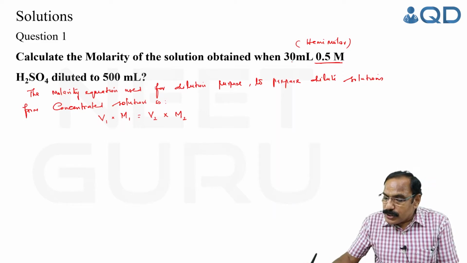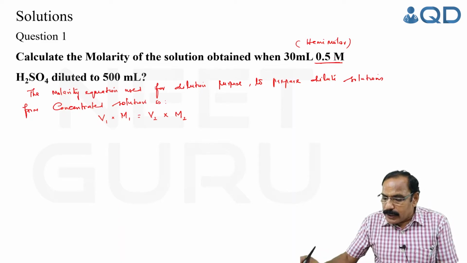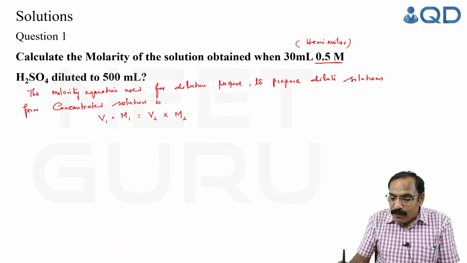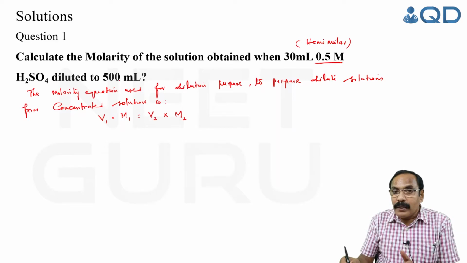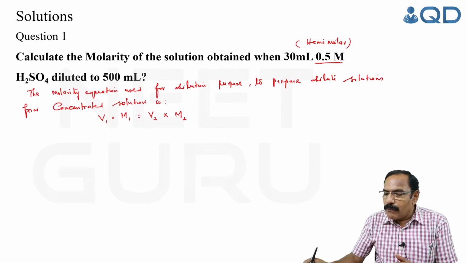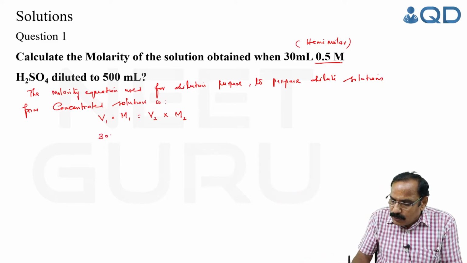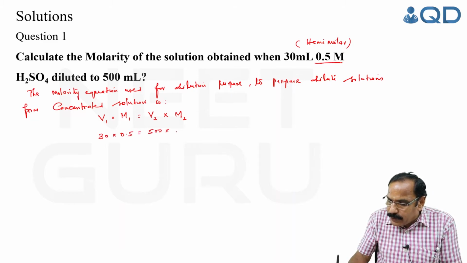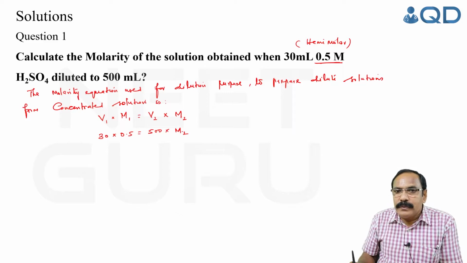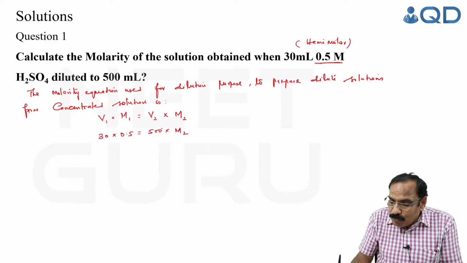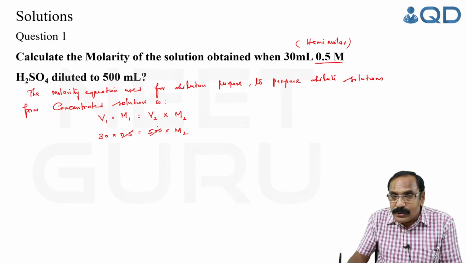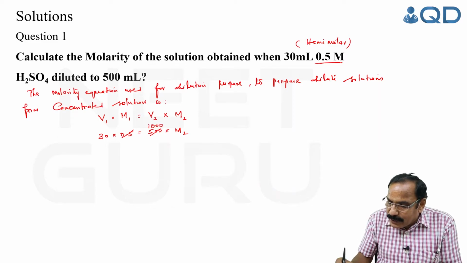So, the initial volume is 30 ml. Initial molarity is 0.5. Final volume is 500. So, you are diluting it. What is the final molarity? So, 30 into 0.5 equals 500 into M2. You see, this 500 and this 0.5, it goes 1,000 times.